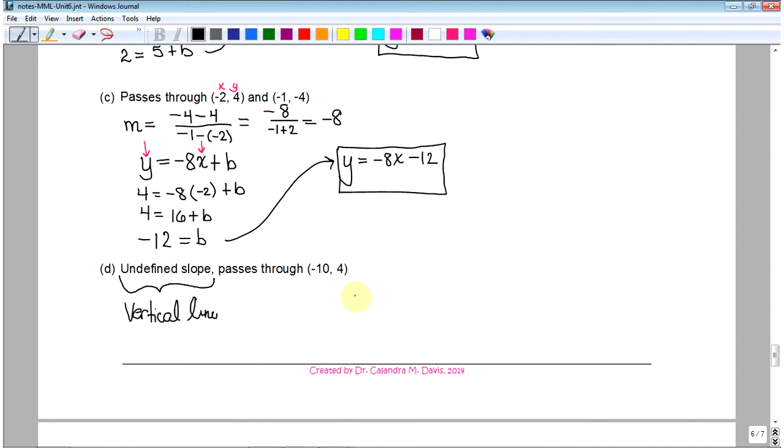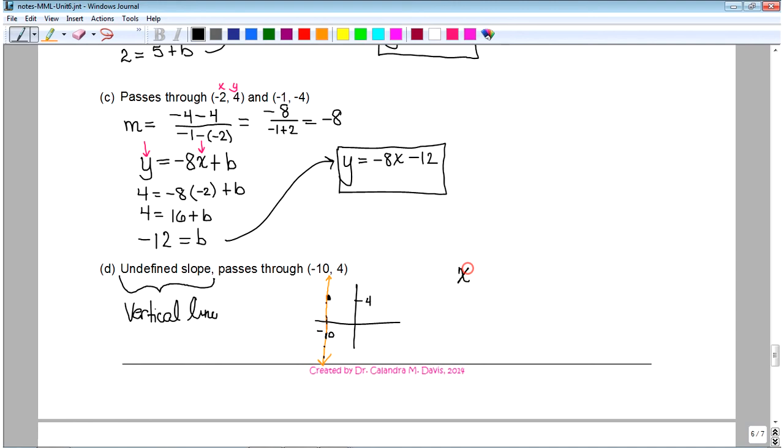So if we look at that line going through the point negative 10, 4, what is the only value that's staying the same for any point on this line? The x value, right? The x value for any point on this line is going to be negative 10.